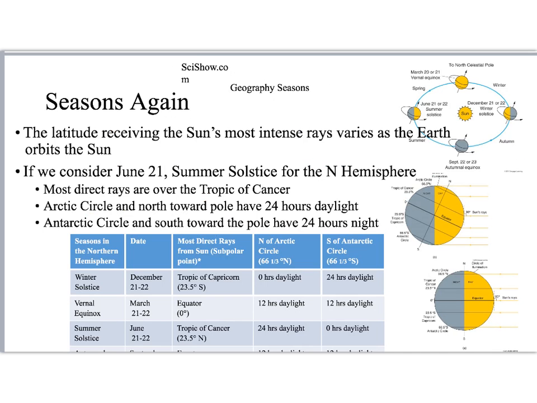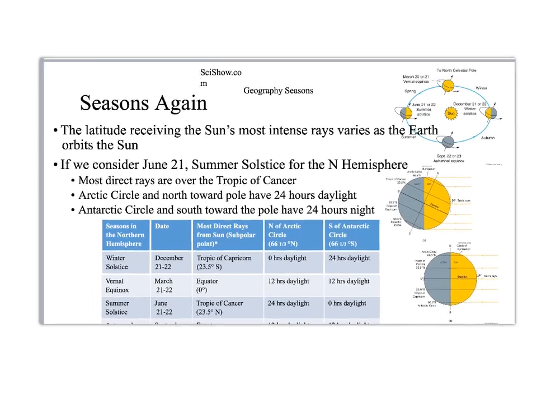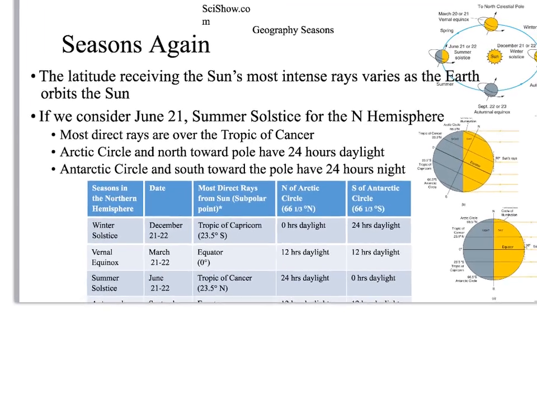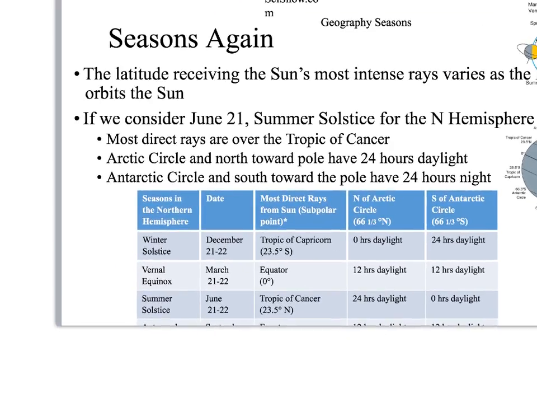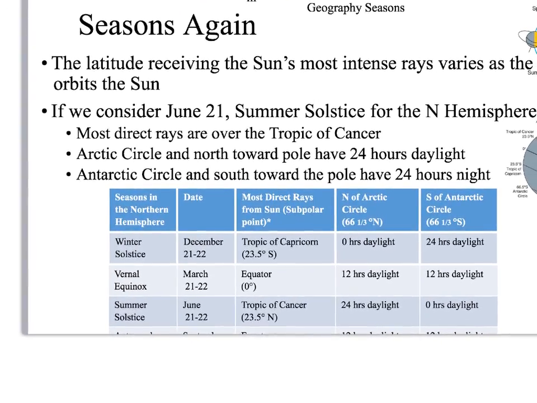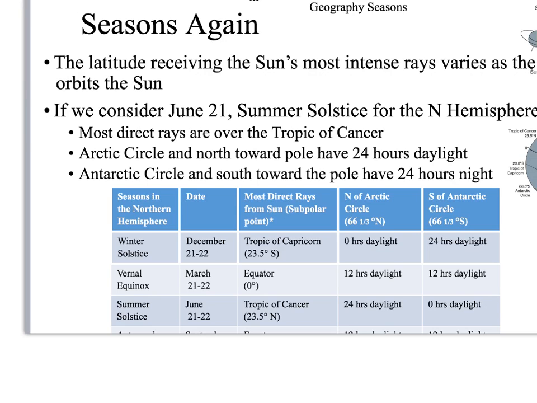And then generally know when the equinoxes and solstices happen. Looks like I don't have the whole slide here. But know that they're 3 months apart.